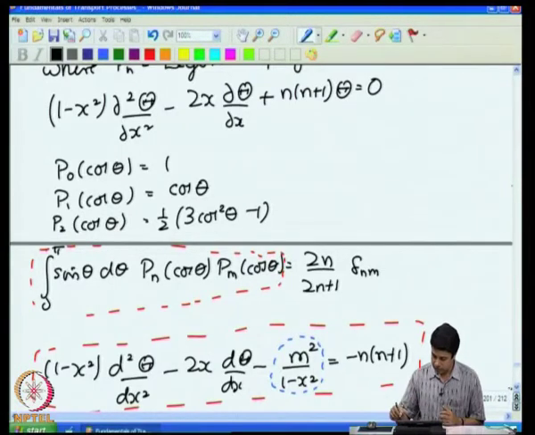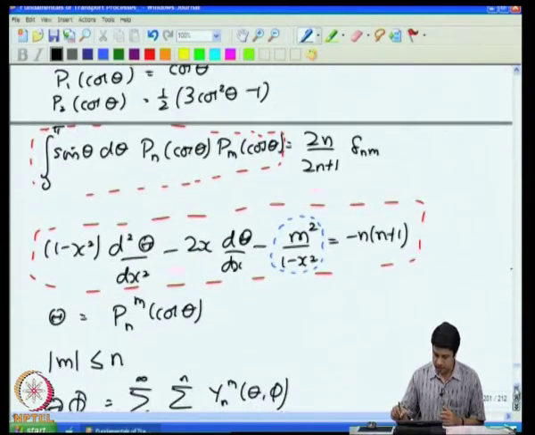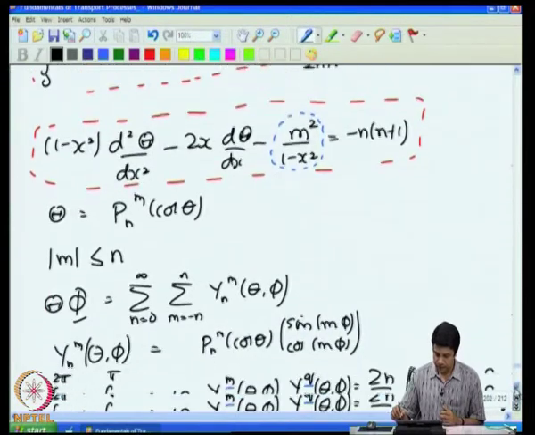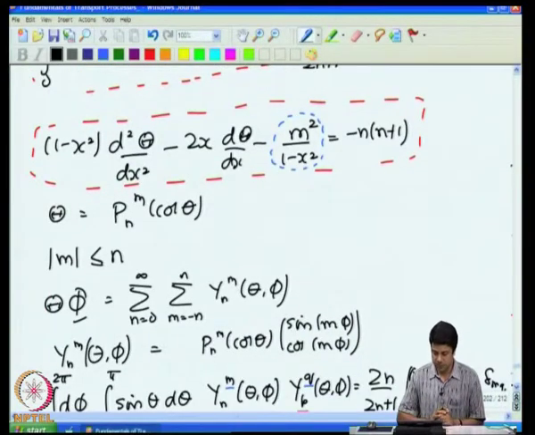And for the more general case where m is non-zero, we got the Legendre polynomial solutions as Pnm of cos theta.